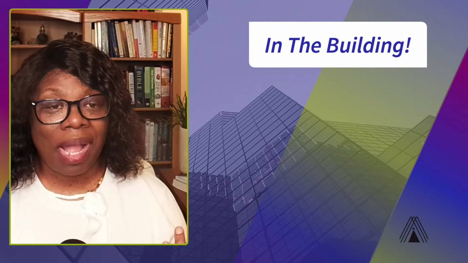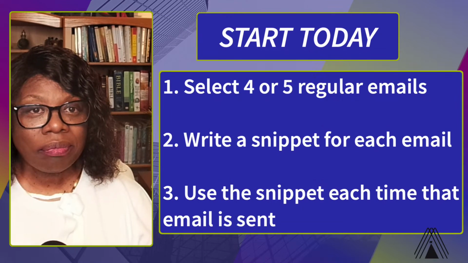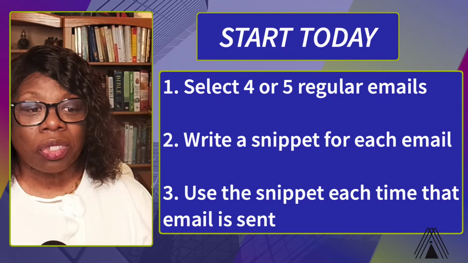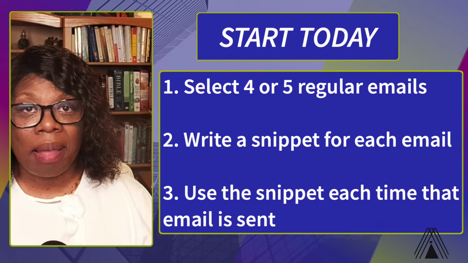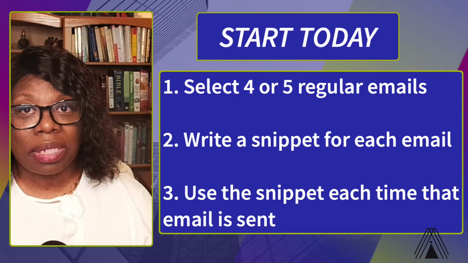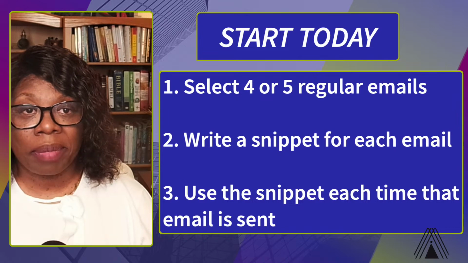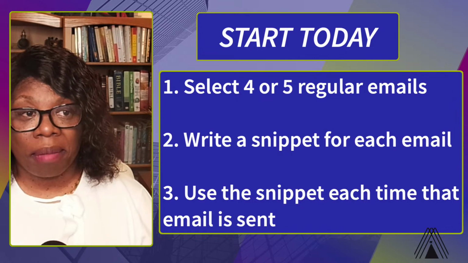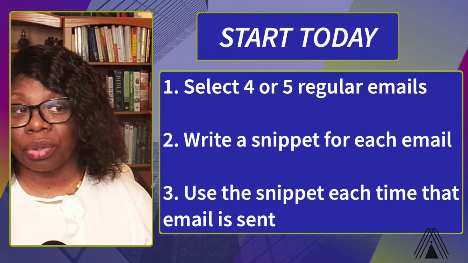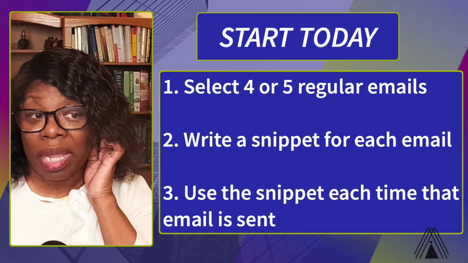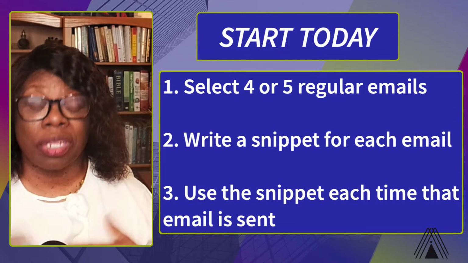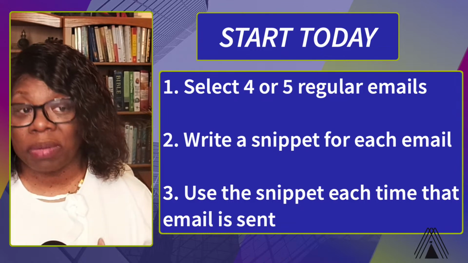I want to just summarize for you. Start this journey today. If you need some examples of tools to use, let me know. There are a number, whether you're on a Windows computer, a Mac, an Android phone or tablet, or an iOS phone or tablet. There's software that works on your platform.